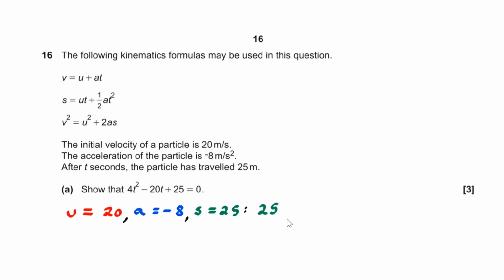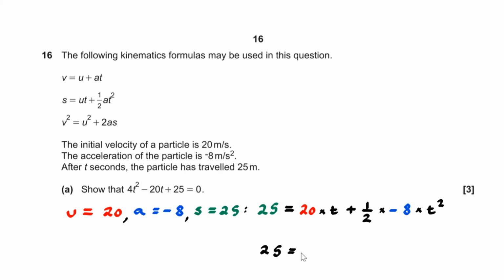That's equal to u, which is 20, multiplied by t, plus 1/2 times by a, which is minus 8, times by t squared.